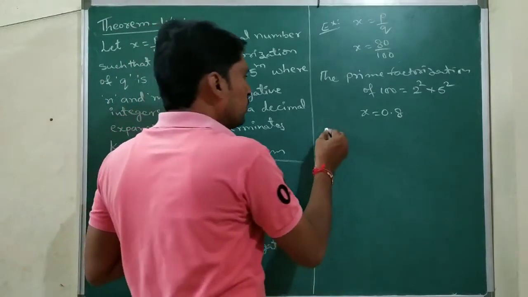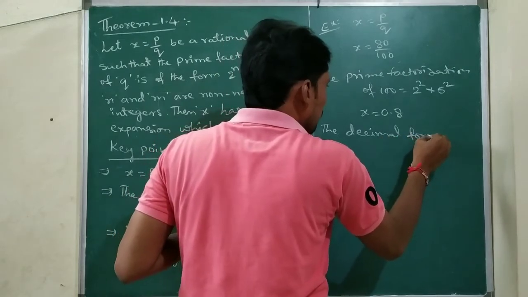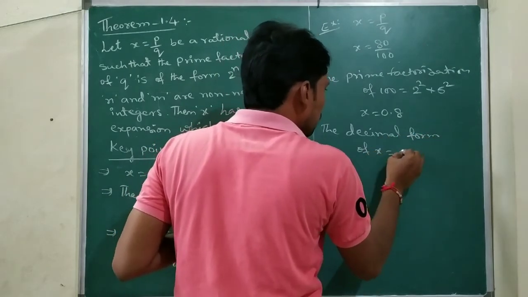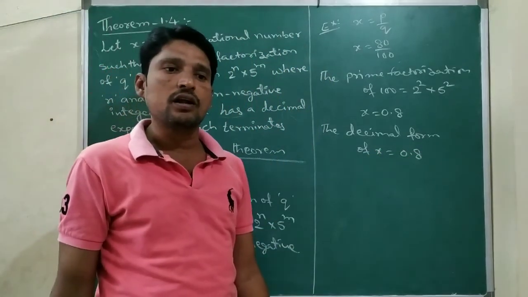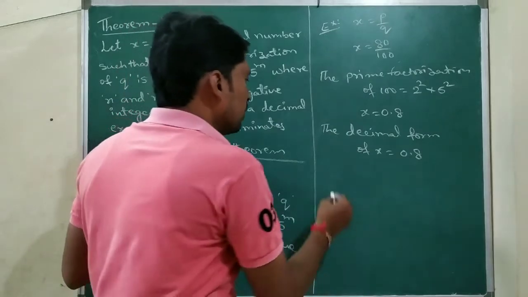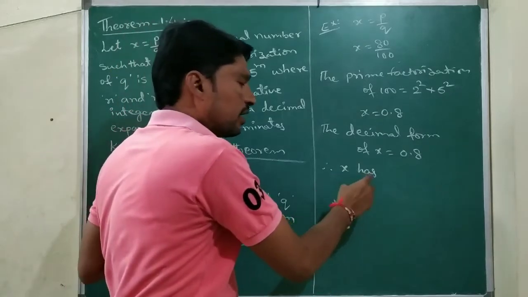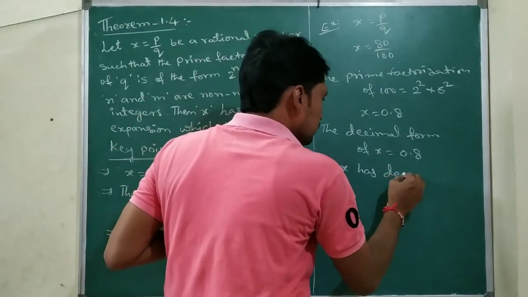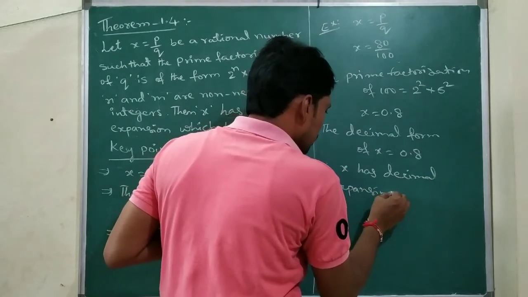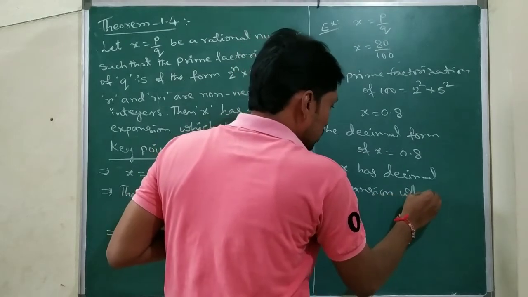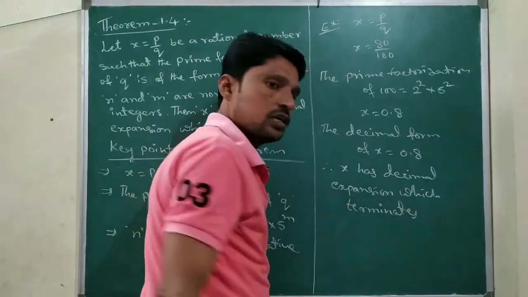So the decimal form of x equals 0.8. Therefore, x has a decimal expansion which terminates.